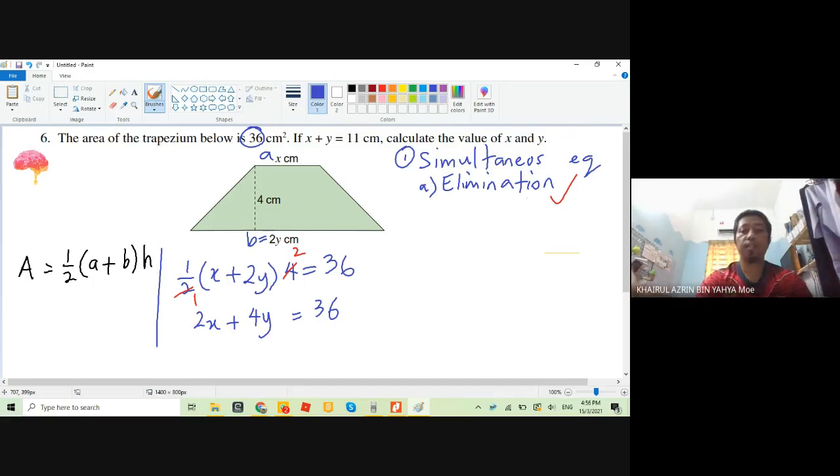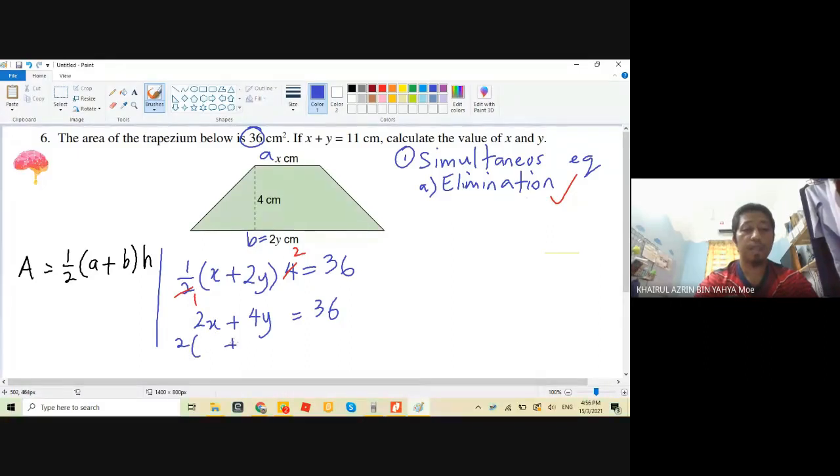And all of this we can divide by 2, because I want to simplify. Or maybe I don't want to do it like that, maybe you're confused. We learned a lot about factorization already, so we can factorize 2.